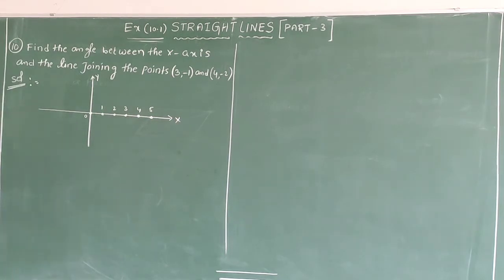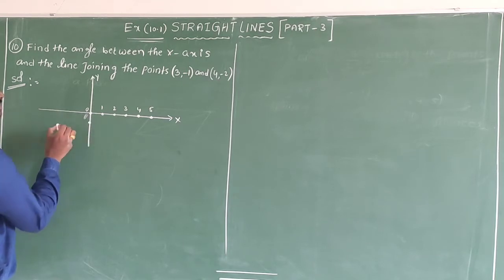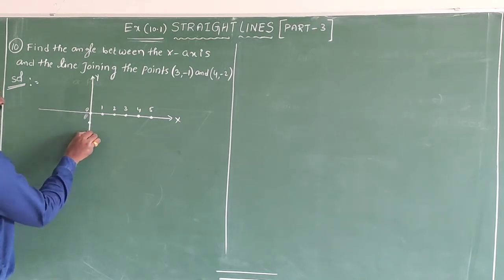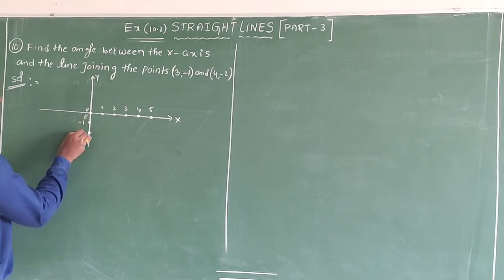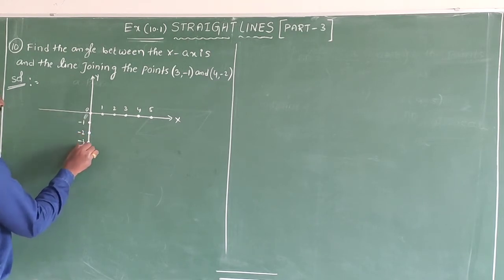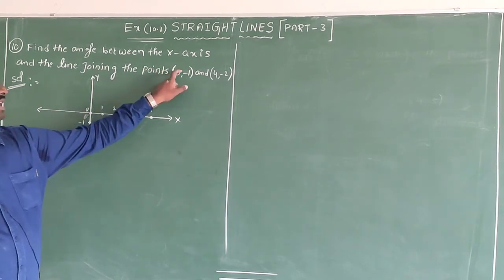Now you can take here, this is origin, minus 1, minus 2, minus 3. This is y axis.